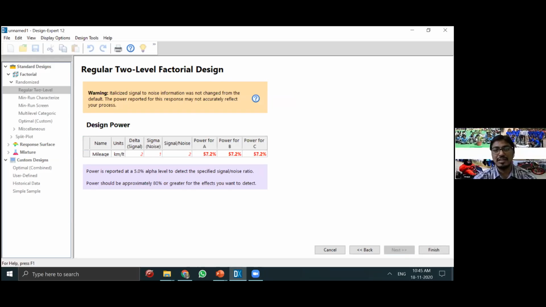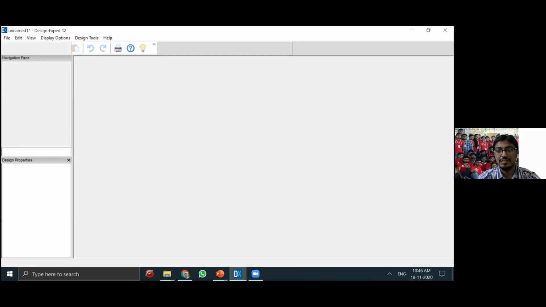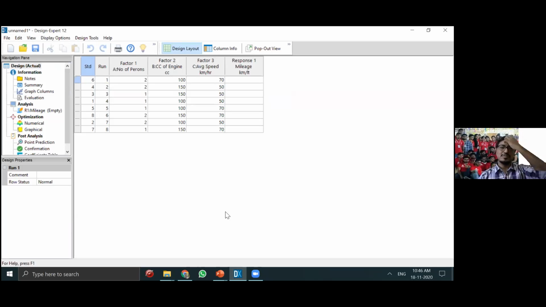Now you'll be getting what you're looking for and how much percentage. This is all part of the software, so it will look into it. So don't worry much about this. Just see how the design power is. And finally, finish it. Once you finish it, when you give a coded factor, then it will be A, B, C and so on.